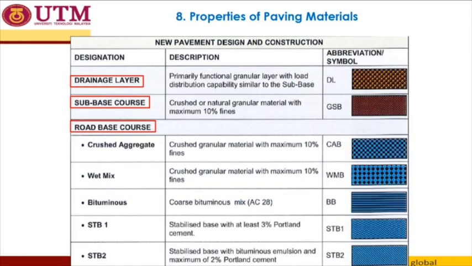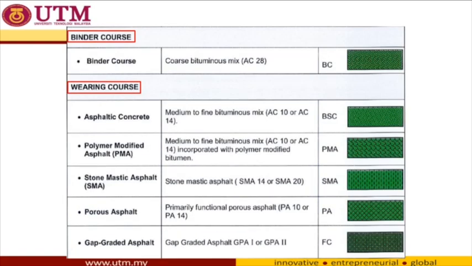Okay, next is to consider the properties of the paving materials. This method proposes the pavement to have a drainage layer, a sub-base course with granular material, and then a road-base course made of various types of materials such as crushed aggregate, wet mix macadam, and bituminous, stabilized 1 and 2. For the binder course, the proposed material is coarse bituminous mix, which is AC28.